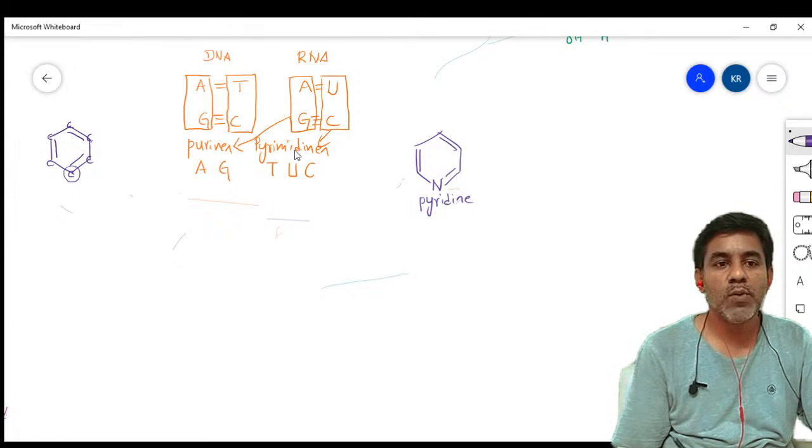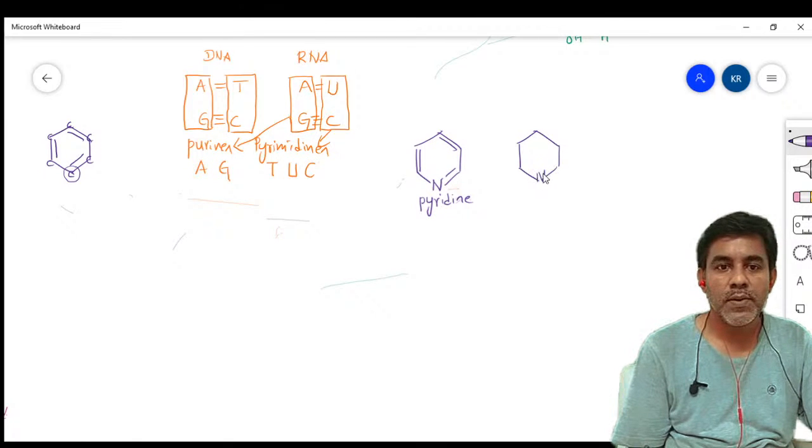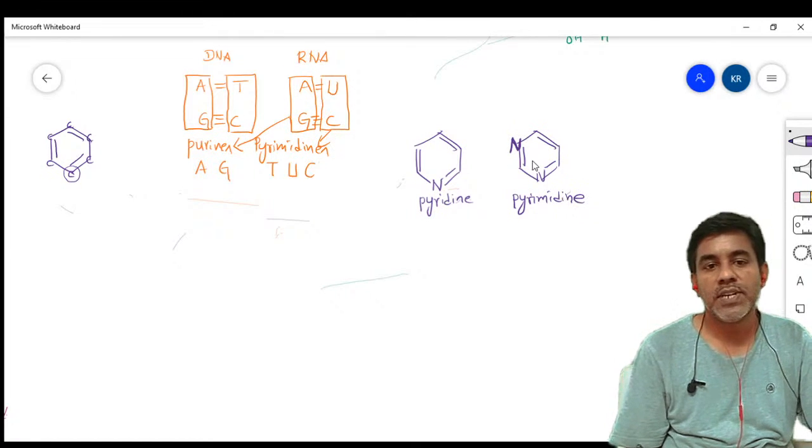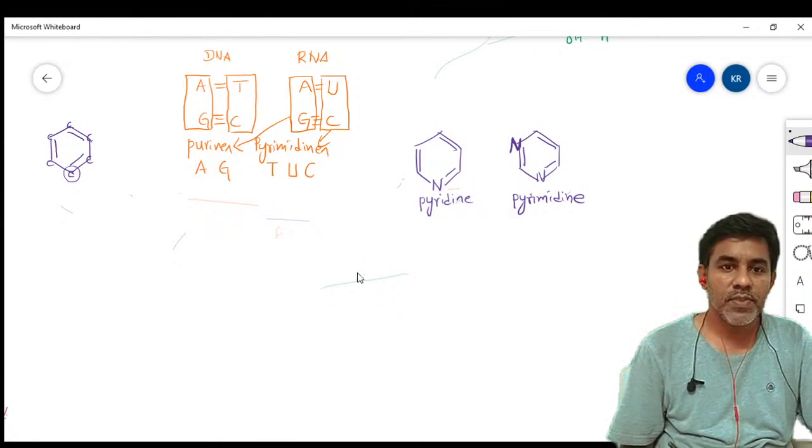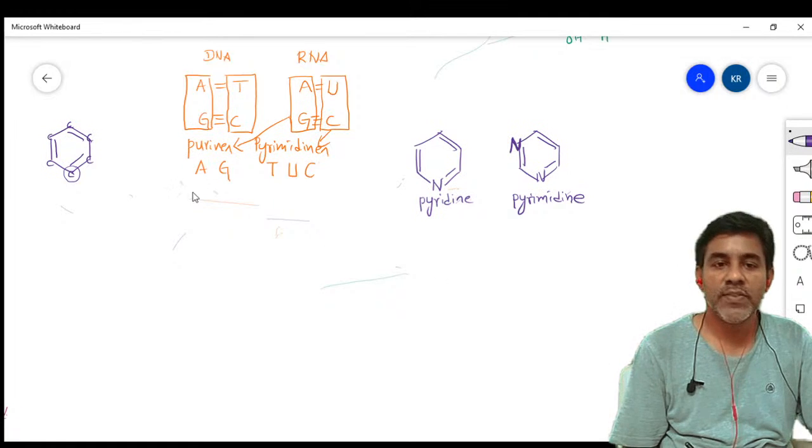But actually we require pyrimidine. So in this structure of pyridine, if you place one more nitrogen over here, then it will become our required pyrimidine. So it is the structure of pyrimidine. Similarly, here we have purines.